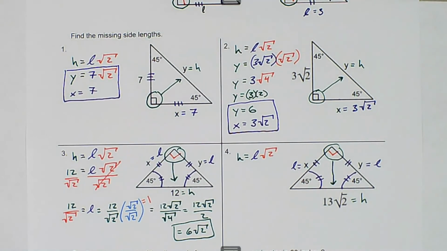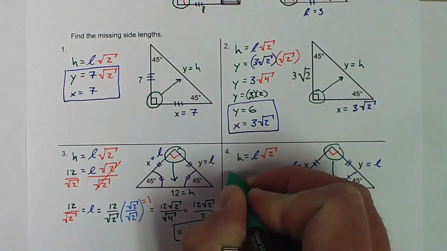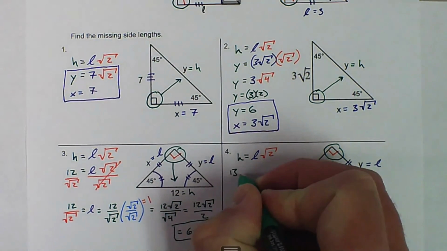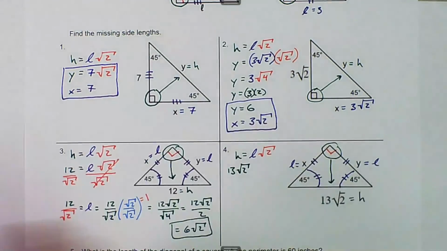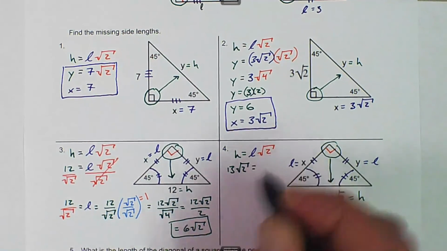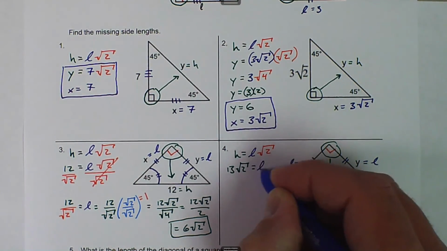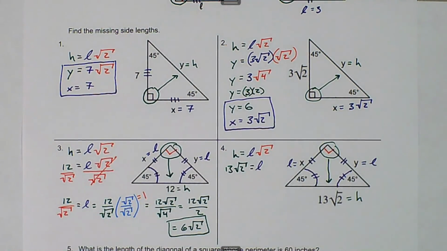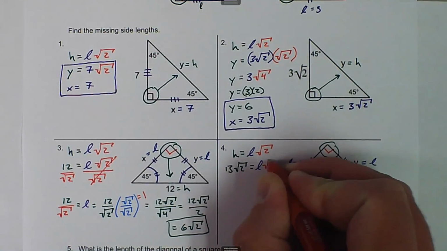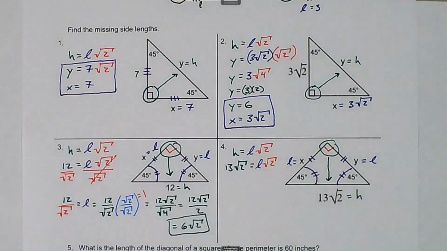So we can substitute our values in that we know. So we know 13 square root of 2 is h, and we do not know what L is, and then the square root of 2. And this one's going to be a little bit more straightforward.